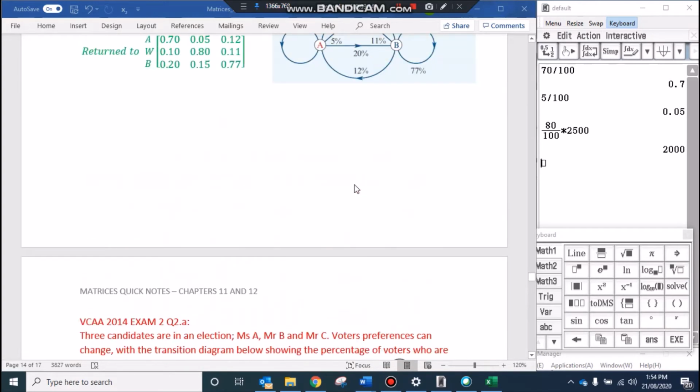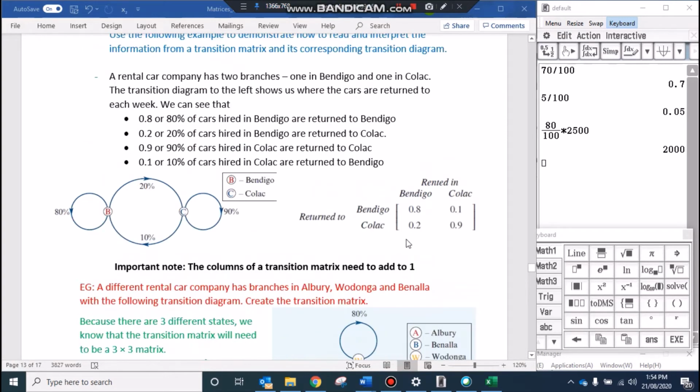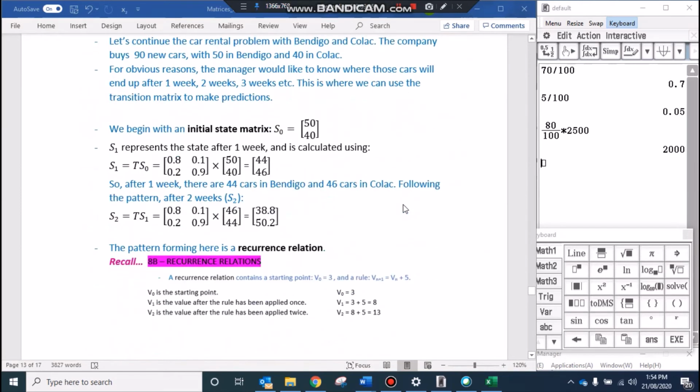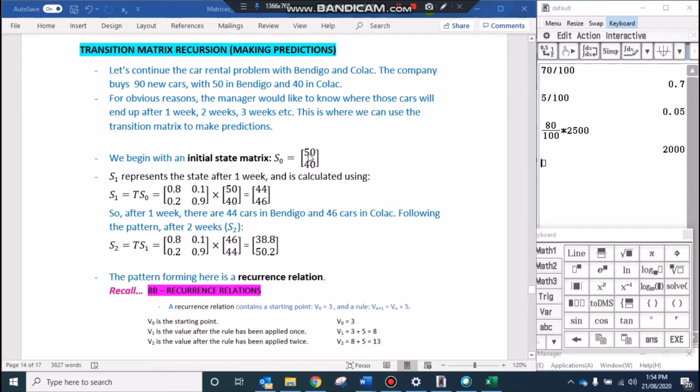If we think back to how we actually created our transition diagram, see how we've got Bendigo as the first row for the returned to and Colac as the second. We've got Bendigo as our first column and Colac as our second column. So it only makes sense that in our initial state matrix, the number of cars at Bendigo goes first and then Colac.